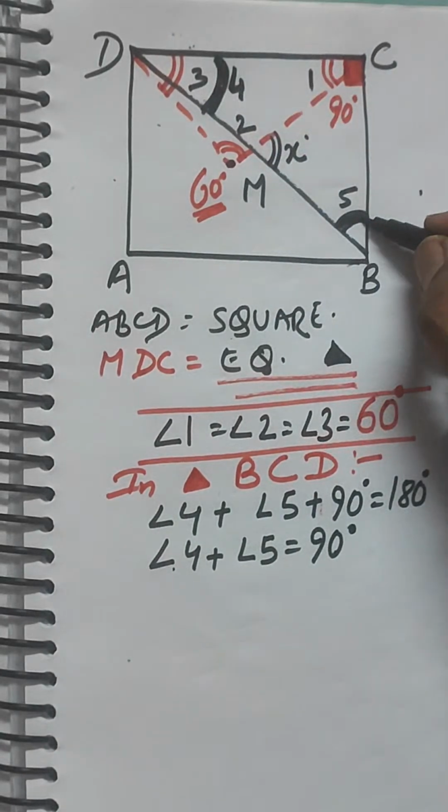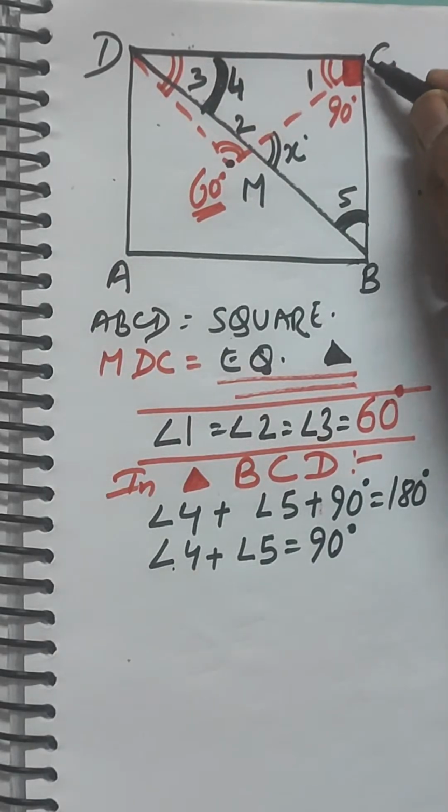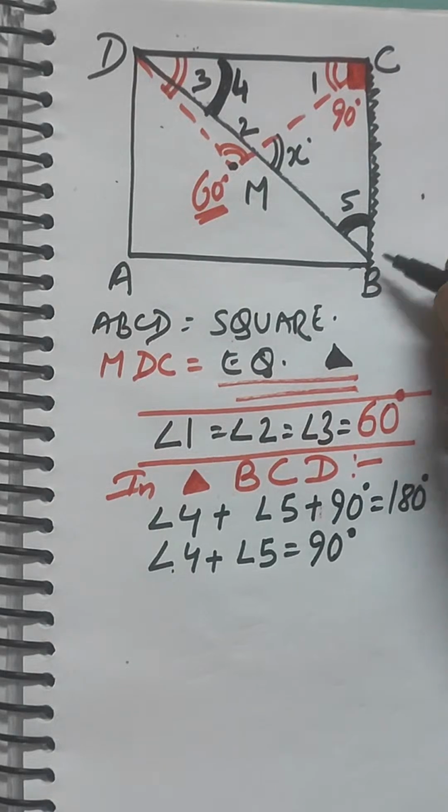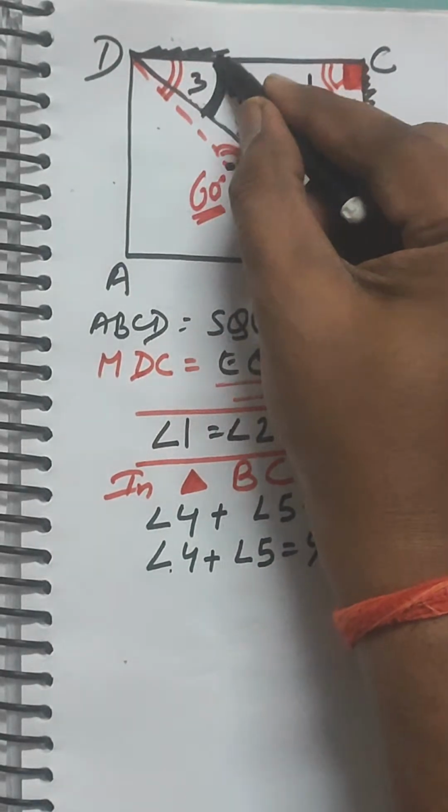Angles 4 and 5 are equal because they are the angles opposite to equal sides.